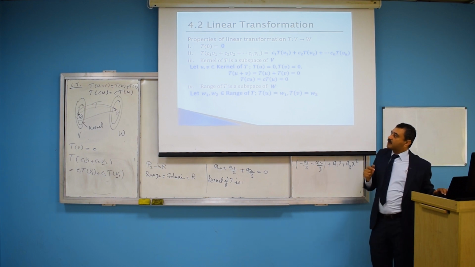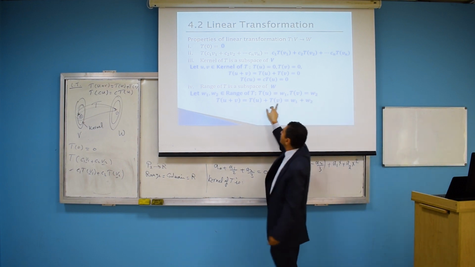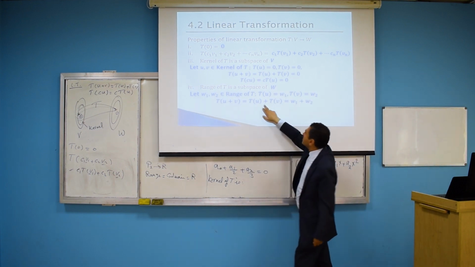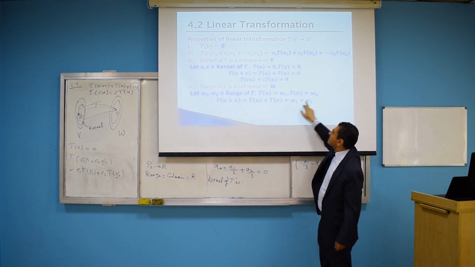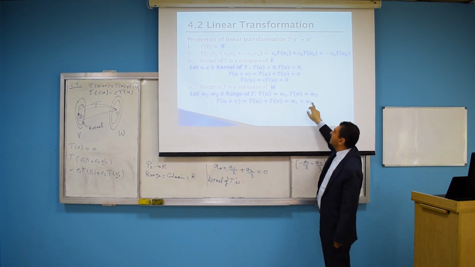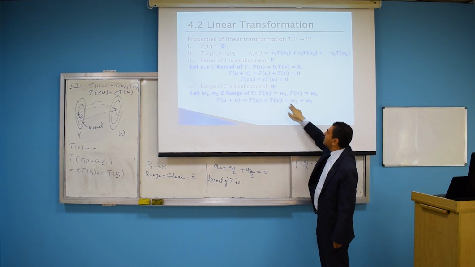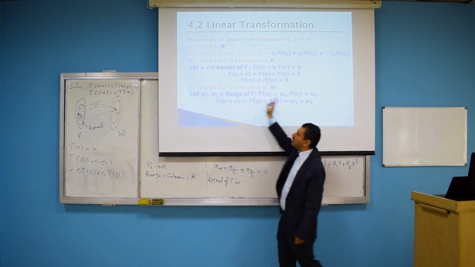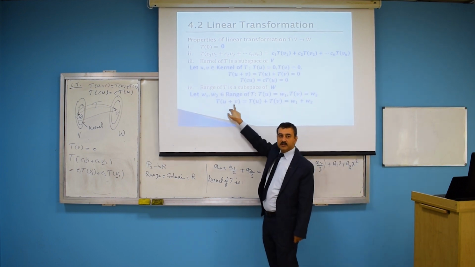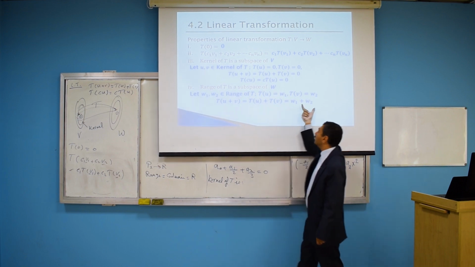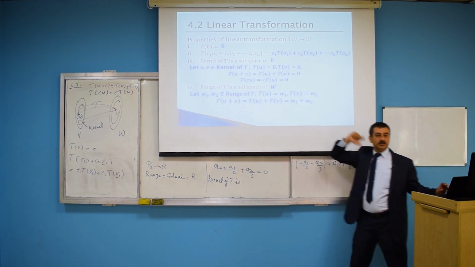So again, using the property of the linear transformation, we have this property, and the transformation of U equals W1, the transformation of V equals W2. So we'll end up with W1 plus W2 being an image of this vector in V. So this guy belongs to the range.